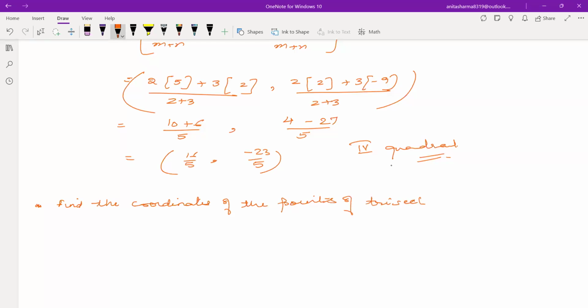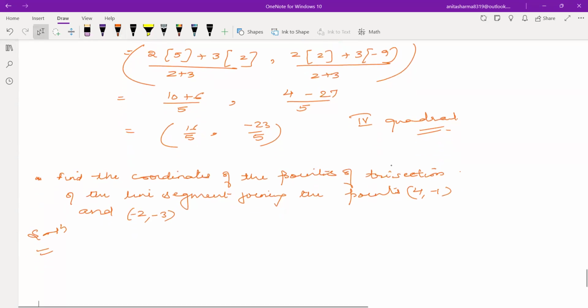What do you mean by trisection, children? Ma'am, 3 parts. Yes, 3 parts of the segment joining the points (-4, -1) and (-2, -.